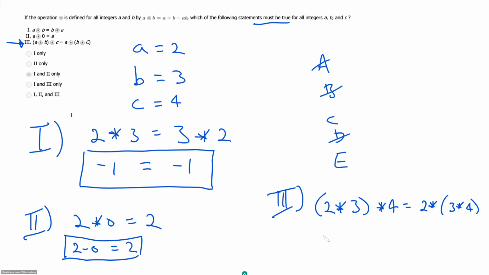That's -1. So here we have -1 star 4. We're working from the inside out. So is -1 star 4 equal to 2 star the quantity 3 star 4? What's 3 star 4? That'll be 3 plus 4 minus 3 times 4, which is 7 minus 12, so that's -5.